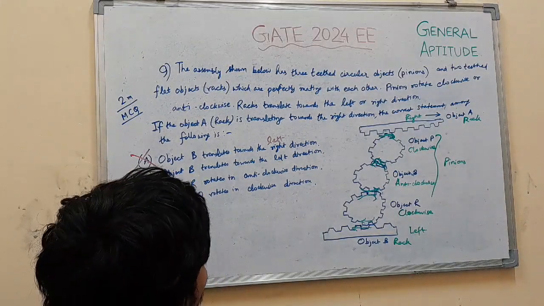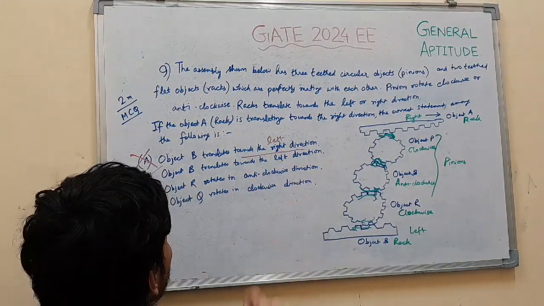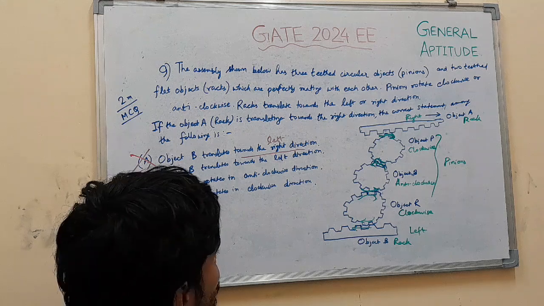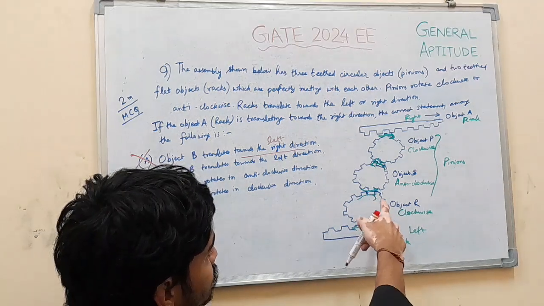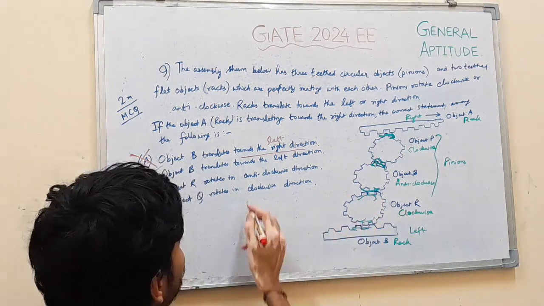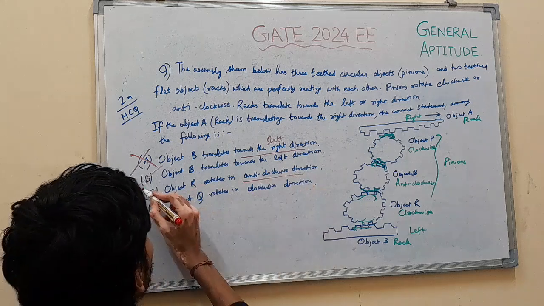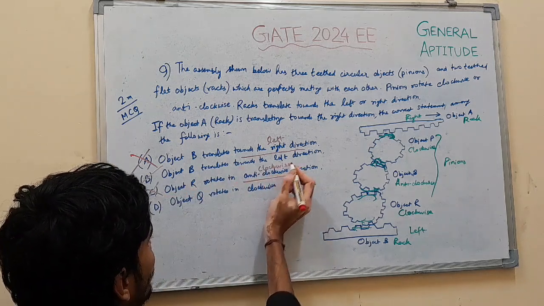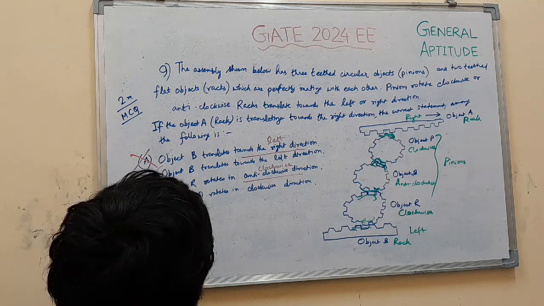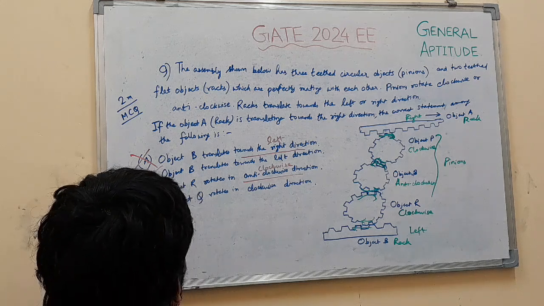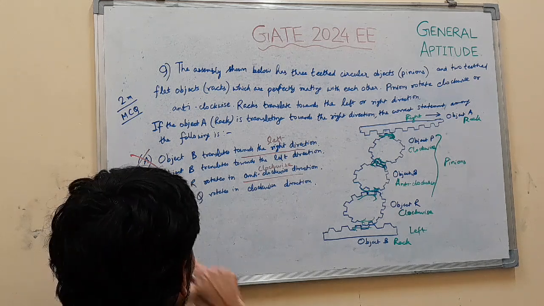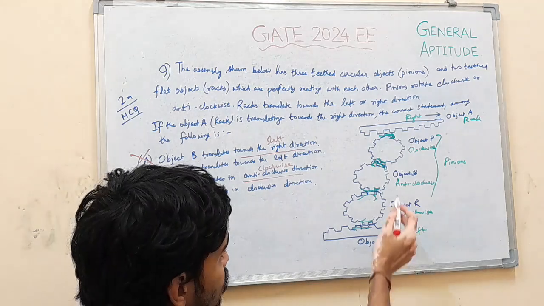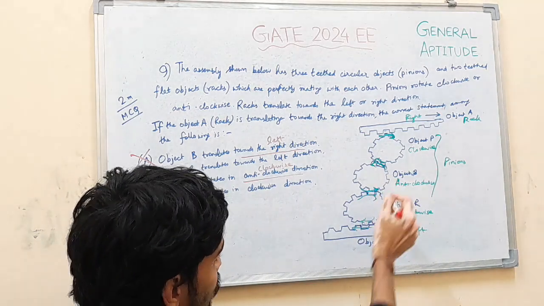Okay. Now object R is moving in what? Object R moves clockwise, but it is given anti-clockwise here. This is wrong. This should be clockwise. And option D, object Q. Object Q, as we have observed, is rotating in the anti-clockwise direction.